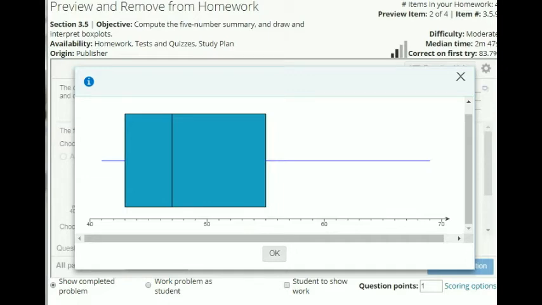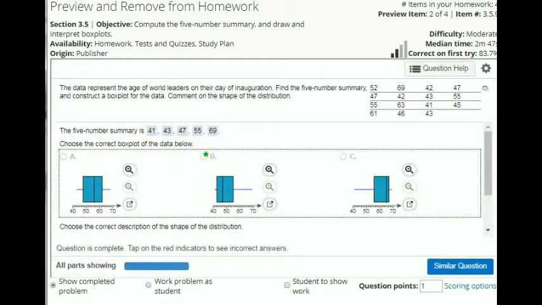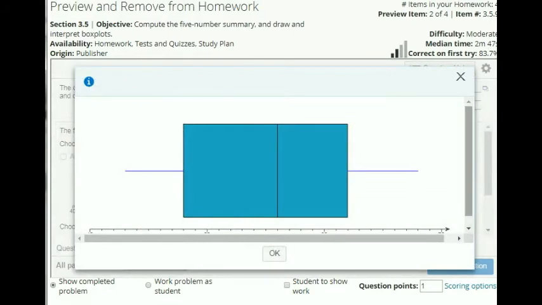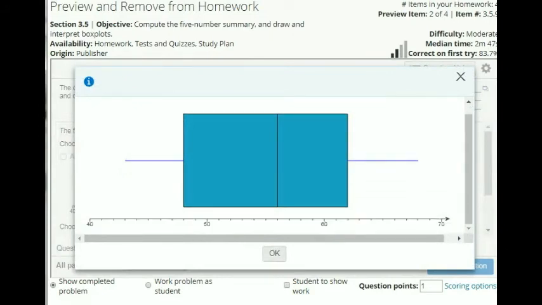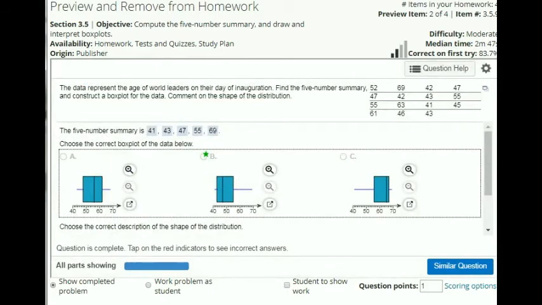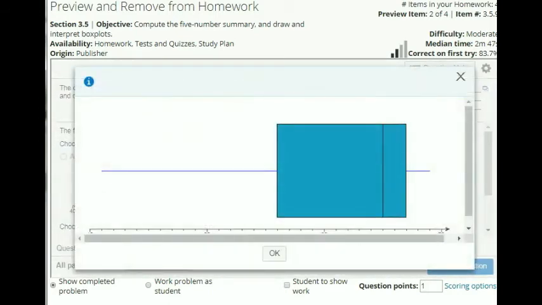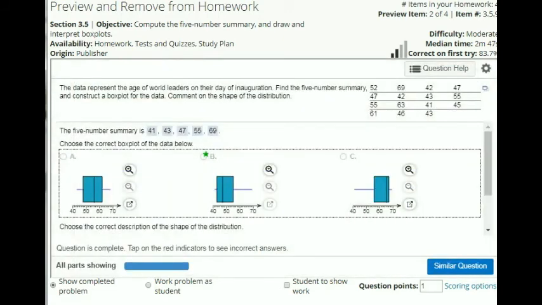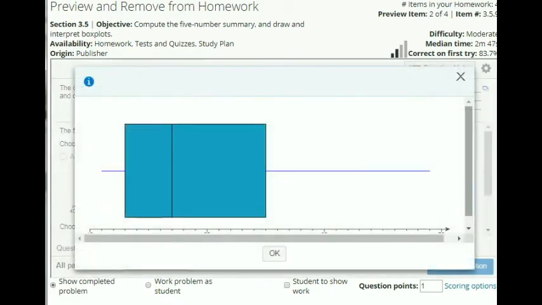If we look at the other two answers, A shows a symmetric box plot and C shows a box plot that is skewed left. Remember, our diagram was skewed right, which is consistent with B.